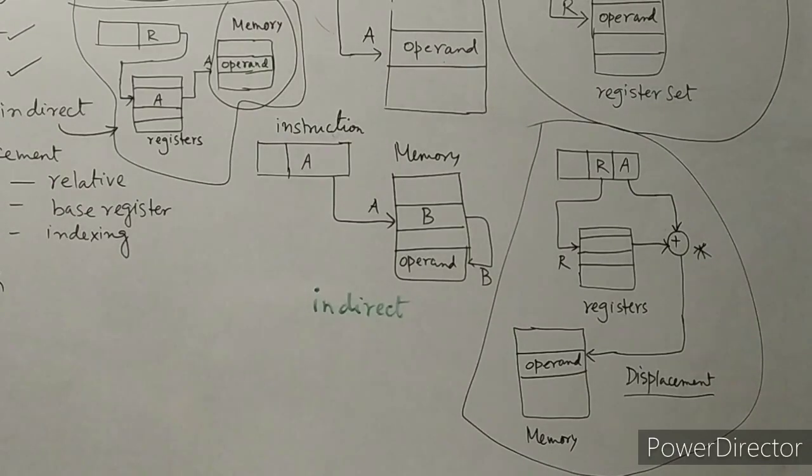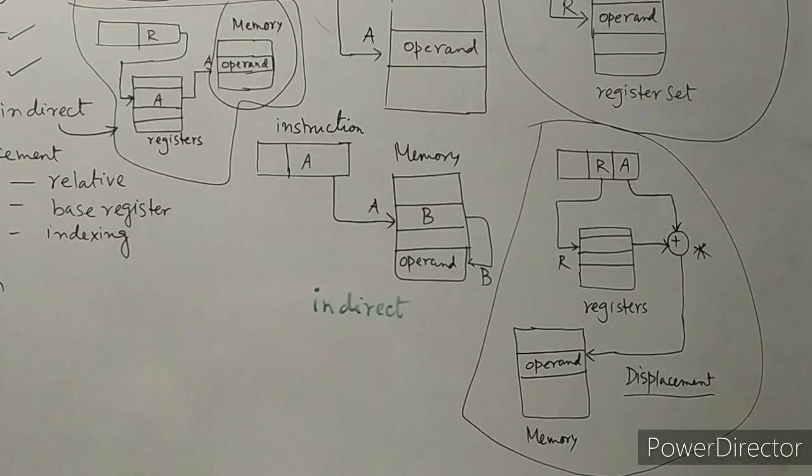For relative displacement addressing, the register is a program counter. Whenever the register is a program counter, it is known as the relative displacement addressing mode.